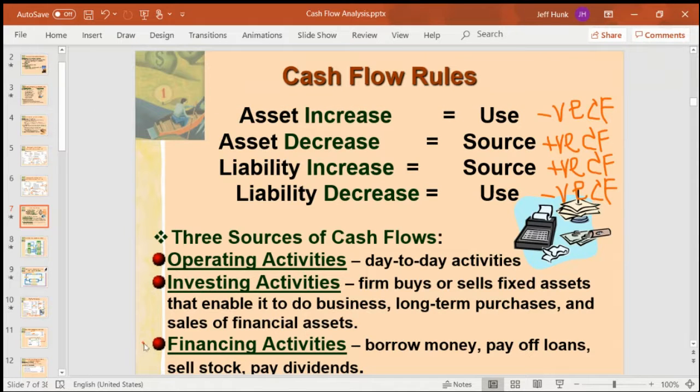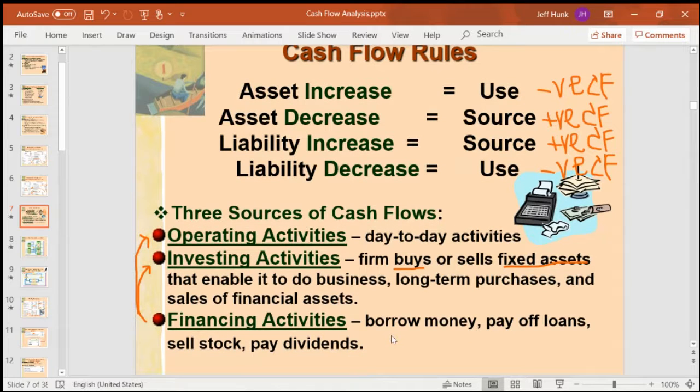Now, think about it. You have to raise capital to buy fixed assets, or it can also support operating activities, like buying raw material and inventory. Financing means you borrow money, pay off loans, sell stocks, and pay dividends.